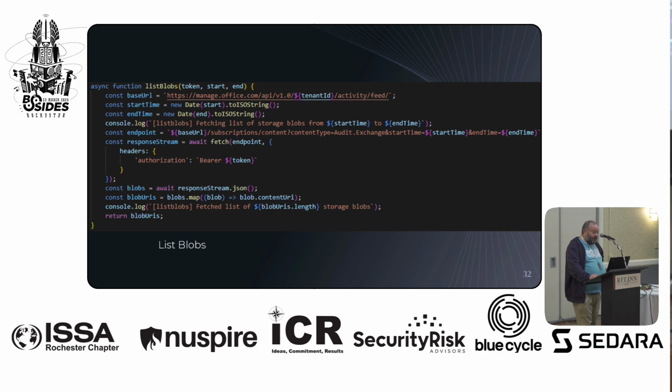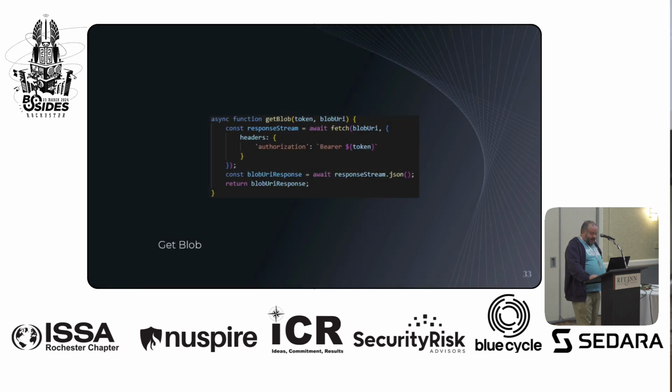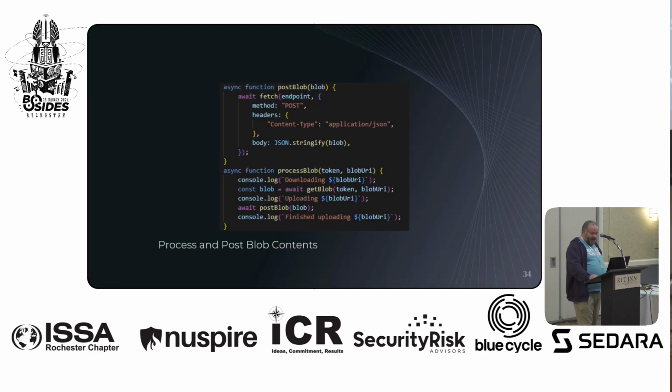We give it our token, and then it returns the blobs. We arrange those blobs as an array, and we then take one blob from the list using the getBlob function here, and we process it and post it to our next hop in the process. So we download it, and then we upload it to, in our case, Cribl.